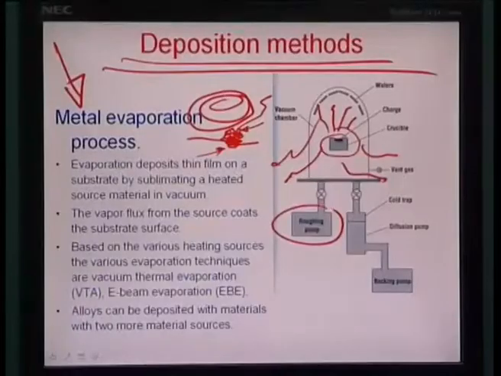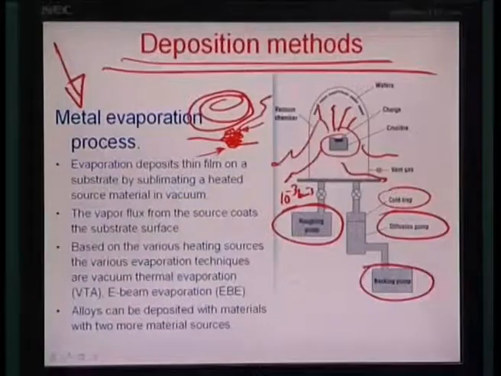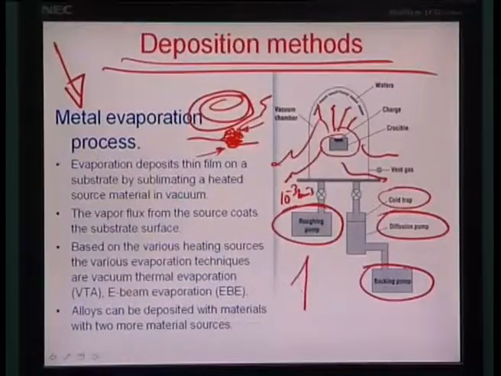One is the roughing pump, which would go up to about, let us say, 10 to the power of -3 torrs or so, and the remaining would be taken care of by this diffusion-based pump, which has roughly a backing pump and a cold trap. So essentially the way the diffusion pump, if it is an oil diffusion pump, would work is in the following manner.